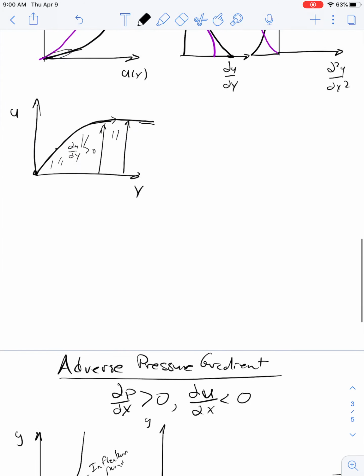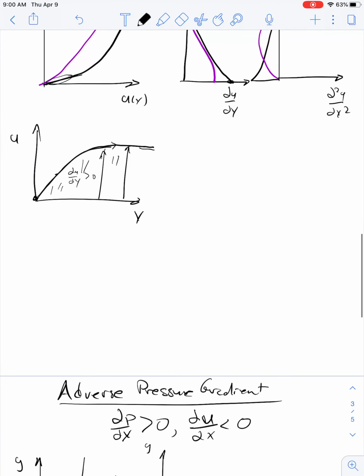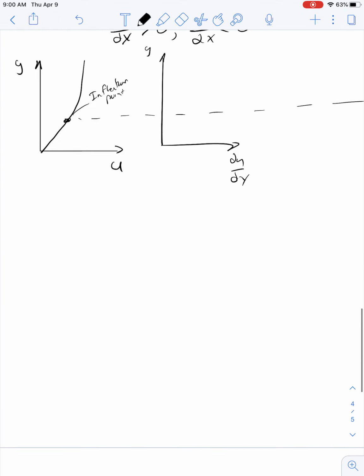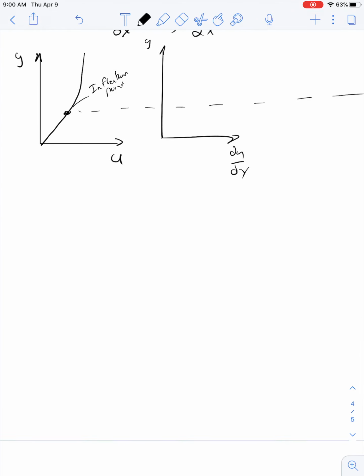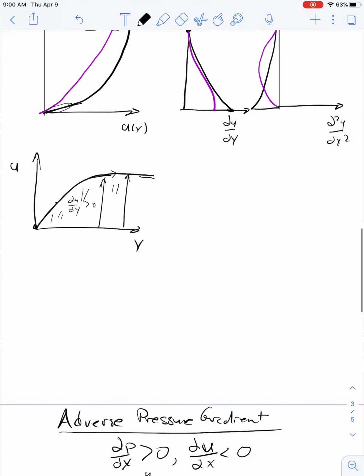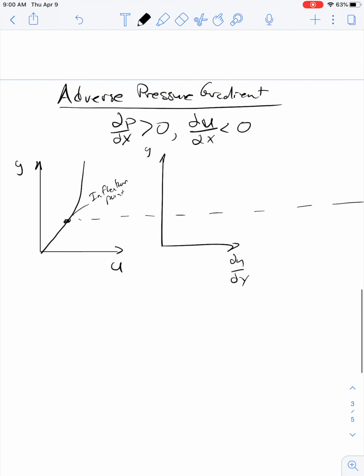For the zero pressure gradient case, the inflection point was basically at the wall, because that's where the second derivative was going to 0. Here we're going to have an inflection point that's above the wall, and so the first derivative needs to be 0 there. So we need to have a maximum.